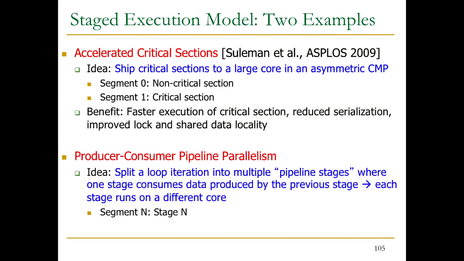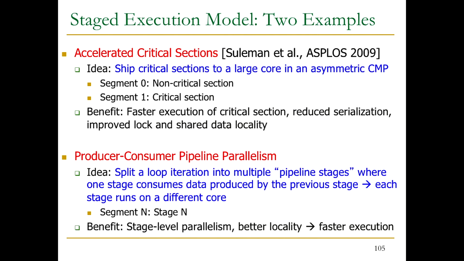Okay, basically in this case, the segment n is equivalent to stage n, right? Each stage runs on a different core. The benefit is clearly stage-level parallelism and better locality. So the programmer, hopefully, or somebody partitions the code such that you get very good locality within a stage, or within instances of a stage that happen to be executed on the same core.